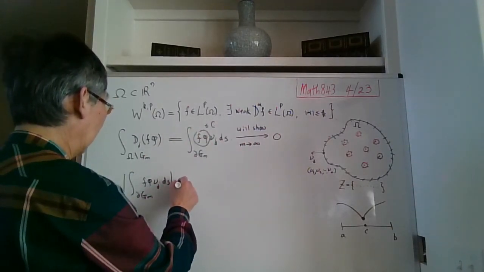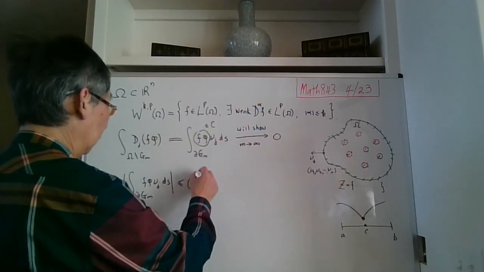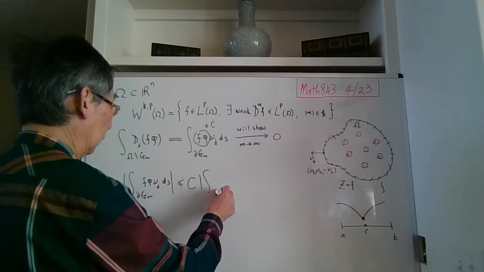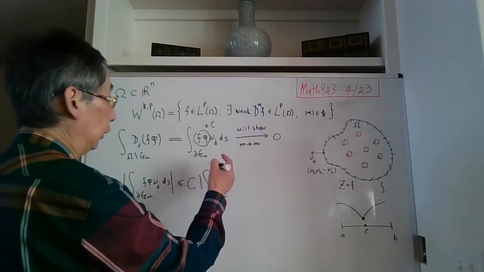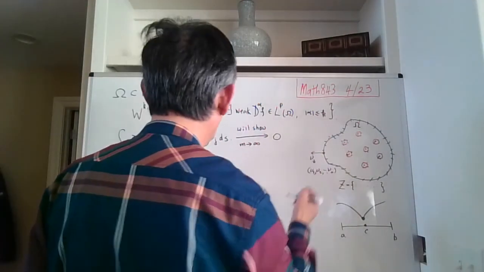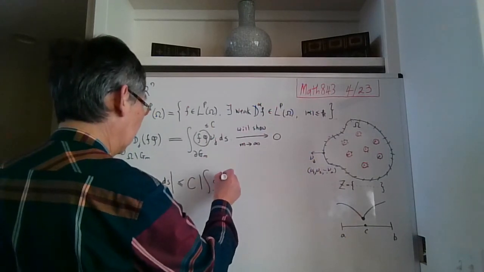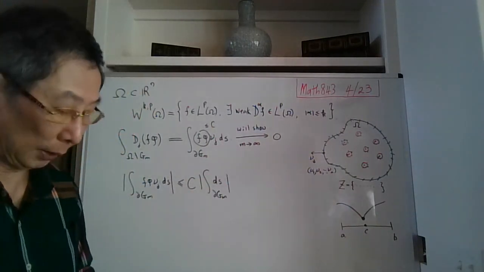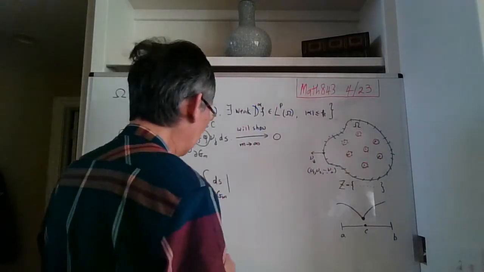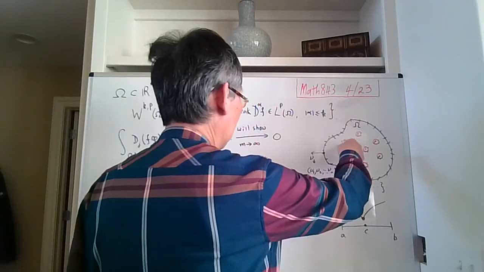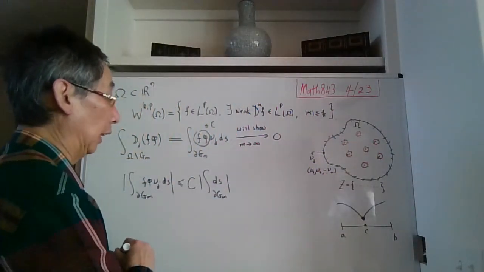So I can say this is controlled by c, moving c out. And then you have nu_j, a unit normal component, whose norm is less than 1. So it's basically the integral of ds. This term is the total length of the boundary. And obviously this thing is what?